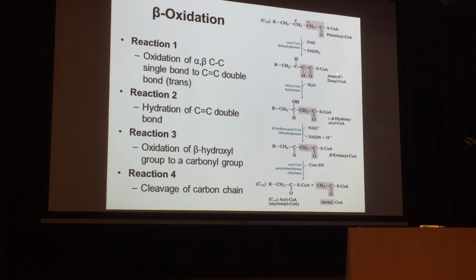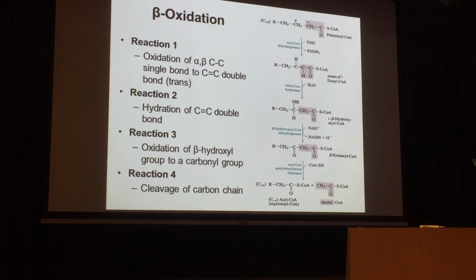And 2 means carbon 2, the double bond is at carbon 2. Carbon 1, carbon 2, so delta 2. If the double bond is here, then it becomes delta 3. In this case, it's a trans delta 2 enoyl-CoA. Double bond C and CO is an enoyl-CoA.